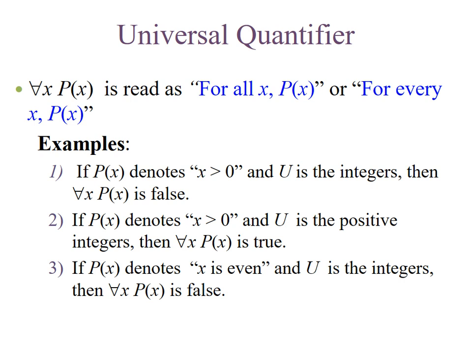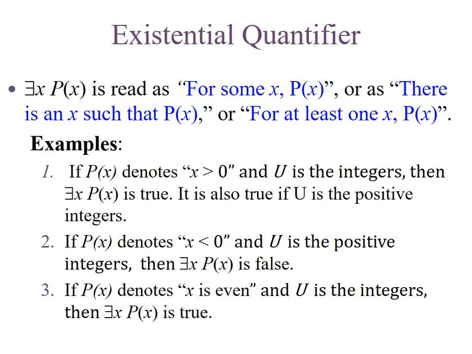Then you can see for all x, P of x is true. If P of x denotes x is even and U is integers, then for all x, P of x is false, because we have 1, 3, 5, which are odd numbers. Okay, so this is for all.